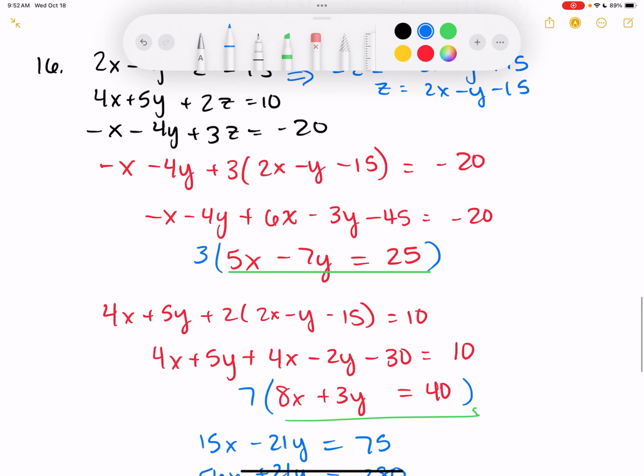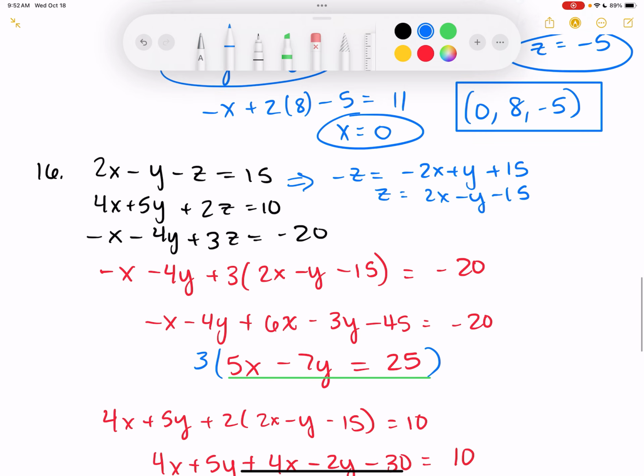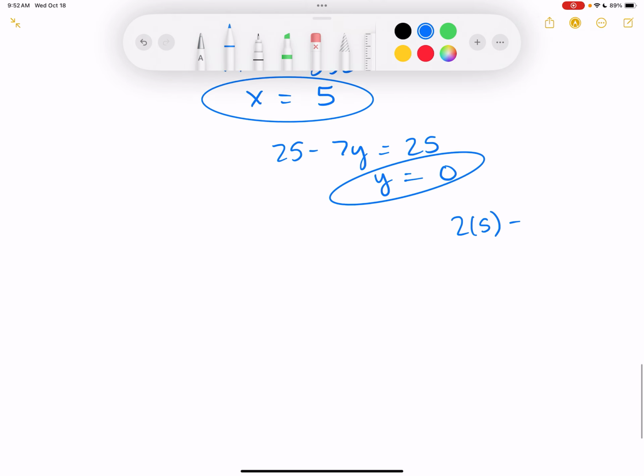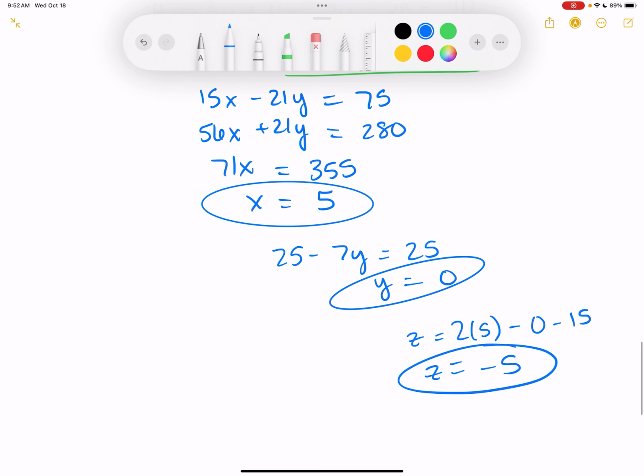So 2 times 5 minus 0 minus 15, which is negative 5. So then my ordered triple is 5, 0, negative 5.